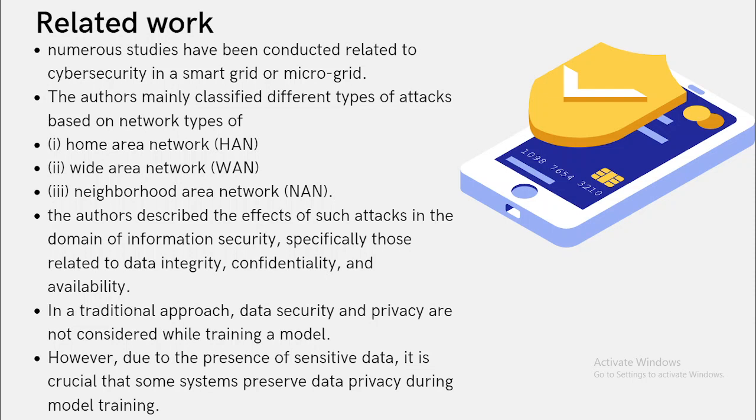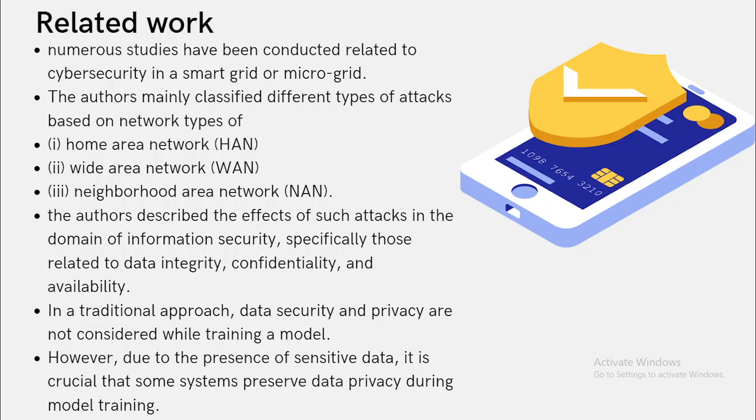Numerous studies have been conducted related to cybersecurity in smart grid or microgrid. The author mainly classified different types of attack based on network types, which are home area network, wide area network, and neighborhood area network.